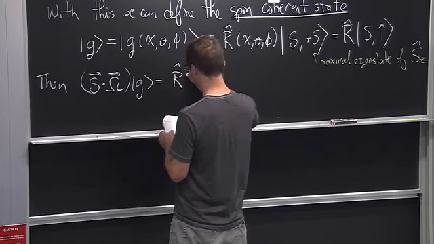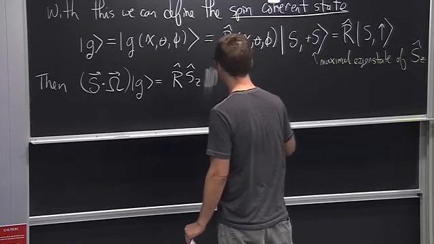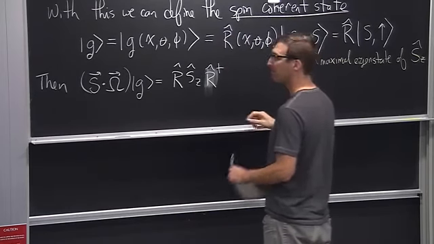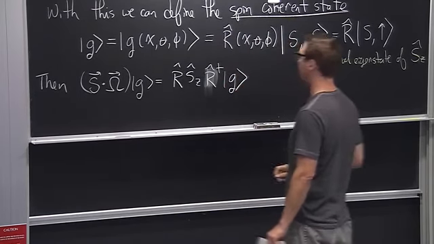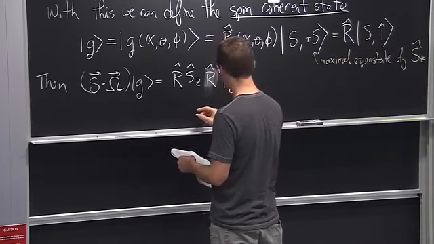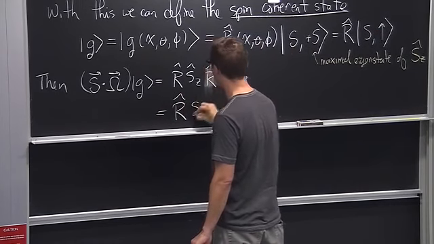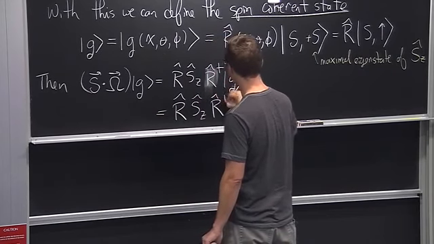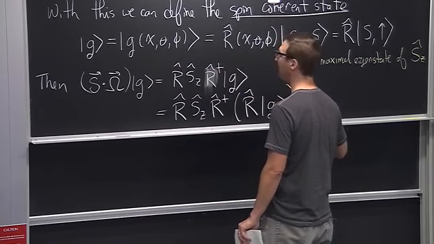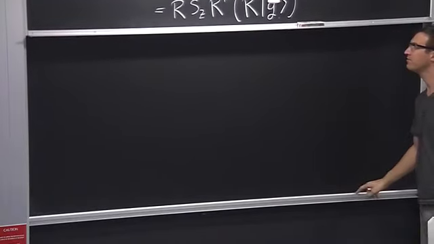Which is R SZ R dagger, the adjoint, applied to G. Let me just take advantage of the fact that G is defined with this R here, so R SZ R dagger R G. Right?